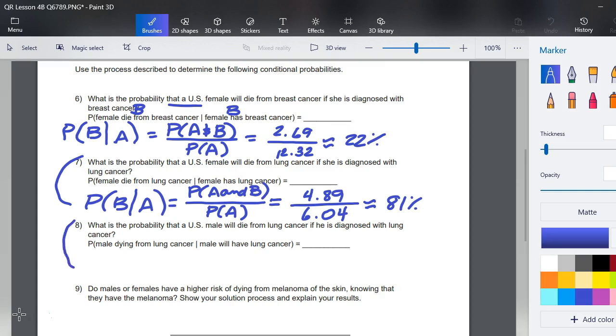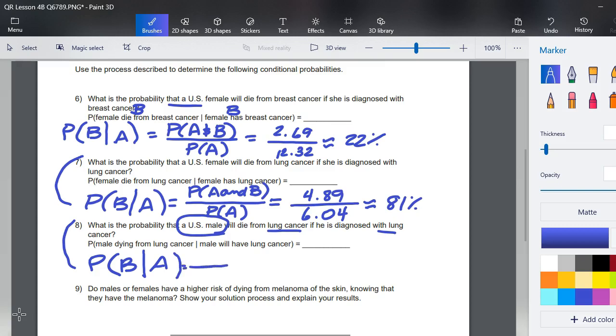We'll do this one more time on number 8. It says, what's the probability that a U.S., they switched up on us, male is going to die from lung cancer if he is already diagnosed with it? So what's the probability that the male is going to die from lung cancer given that you already have lung cancer?